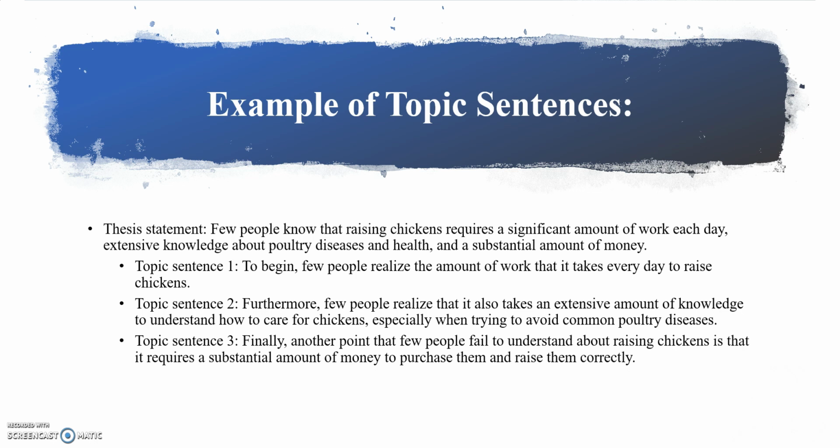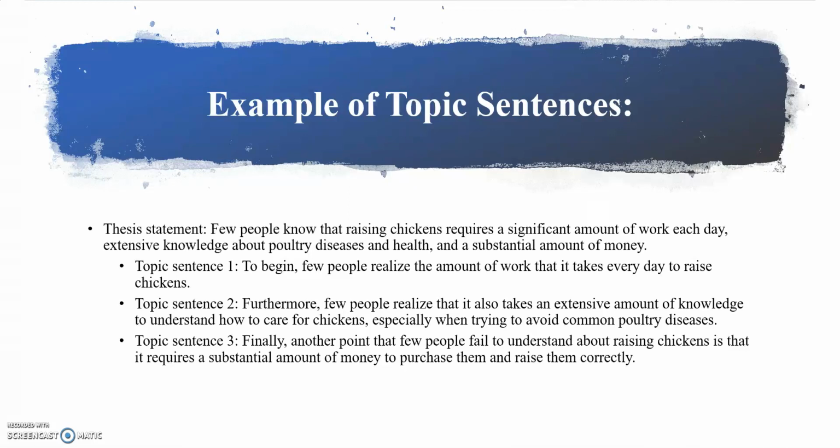Topic sentence 2, this is the second point from the thesis statement. Note how it starts with a transition. Furthermore, few people realize that it also takes an extensive amount of knowledge to understand how to care for chickens, especially when trying to avoid common poultry diseases. As the second point in my thesis, I elaborated on it a little bit more in this topic sentence, but it clearly lines up with that second point in my thesis. And then finally, topic sentence 3 is going to be on the third point that was in my thesis.